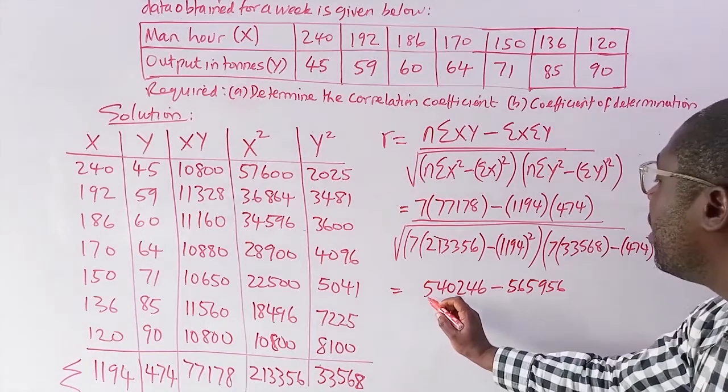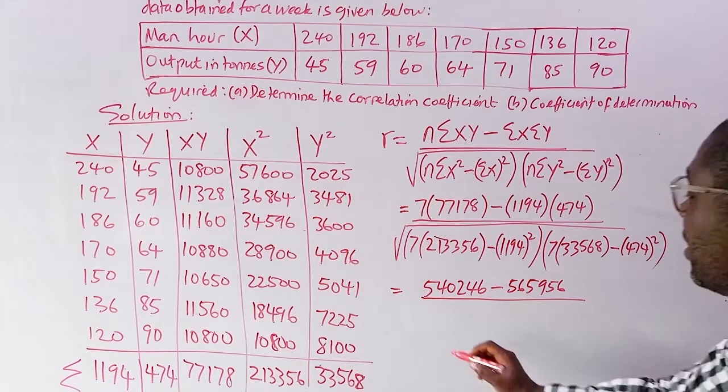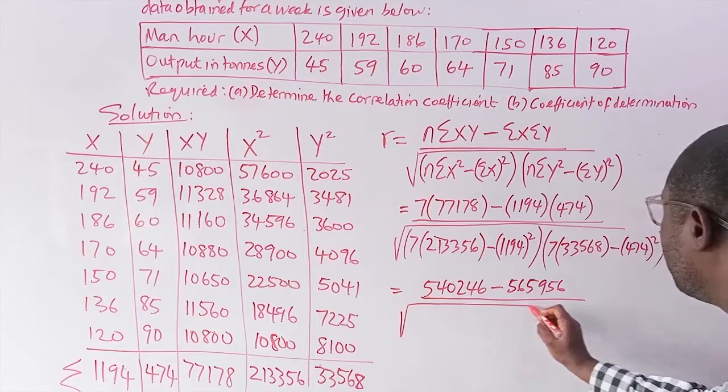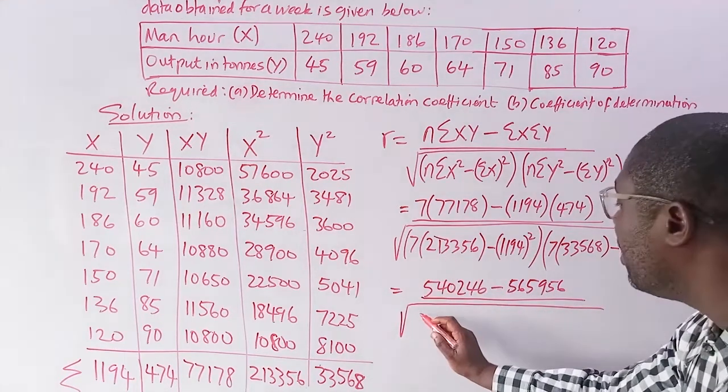Told you the values are quite extensive, so we have to be careful. Divided by the square root of, let's find this value.